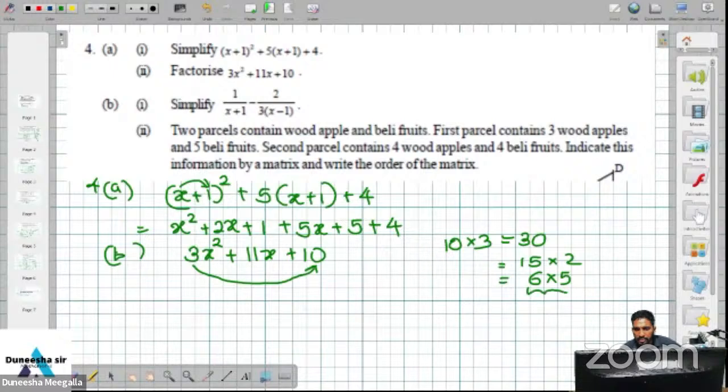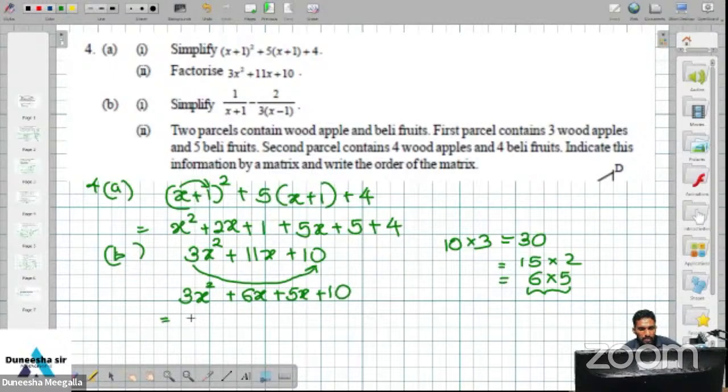If we add these two multiples, we need to get 11. Look, 6 plus 5, is it 11? 6 plus 5 is 11, right? Then we break the 11x into two terms, 6x and 5x.